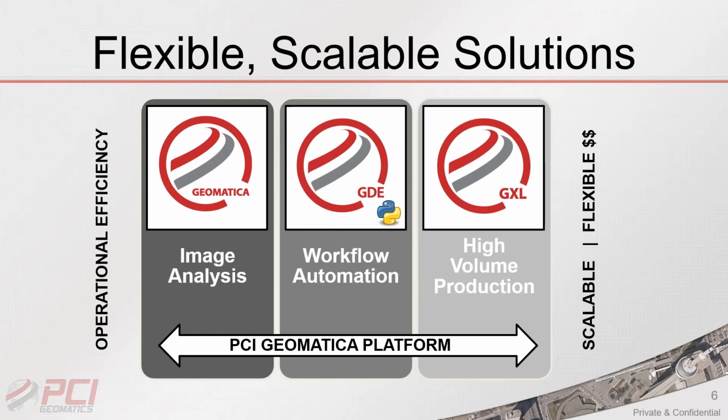Okay, let's continue with the presentation now. For those of you not familiar with PCI Geomatics, we are geospatial software experts who provide commercial and educational desktop packages, developer tools in the Geomatica Developer Edition, and enterprise solutions, including cloud, for image processing and analysis in the GXL, or Geoimaging Accelerator. We have a wide variety of offerings, and today we'll be looking at one aspect of what's new in our desktop suite, Geomatica 2017.